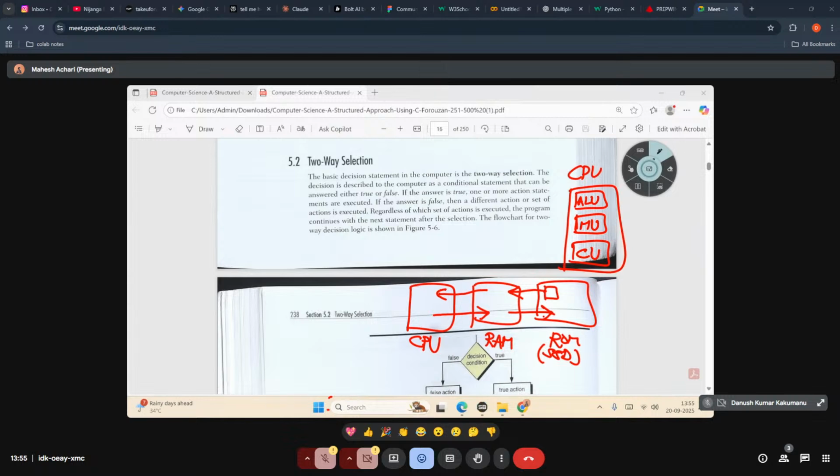Then what is the use of the control unit? What the name says, control unit, which controls everything.